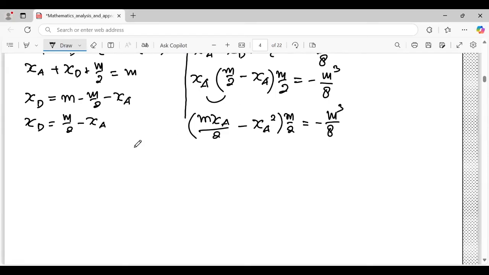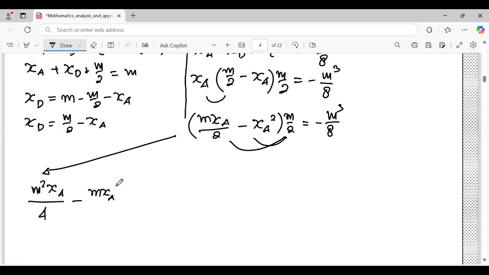Next, multiply. Multiply this, it becomes m squared xa over 4 minus m xa squared over 2 plus m cubed over 8 equals 0.